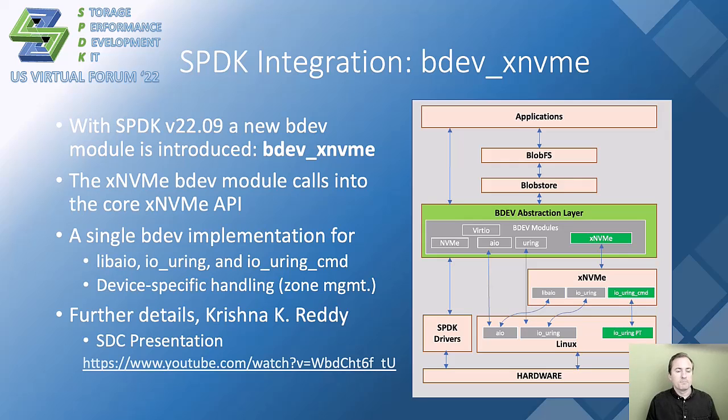And it's integrated in the same way that other BDEVs are in the layers here, similar to the NVMe, AIO and io_uring BDEVs, such that SPDK applications can build on top of it, and it's calling into those same interfaces. So these should be well known in the SPDK community.